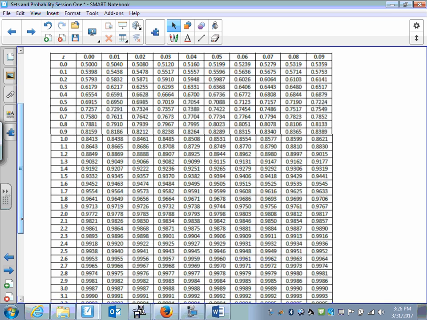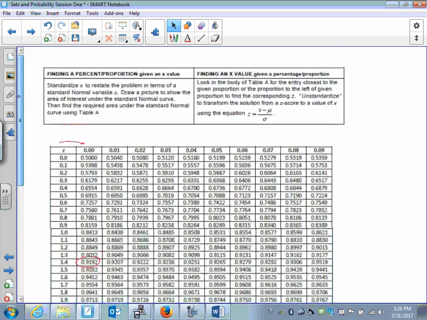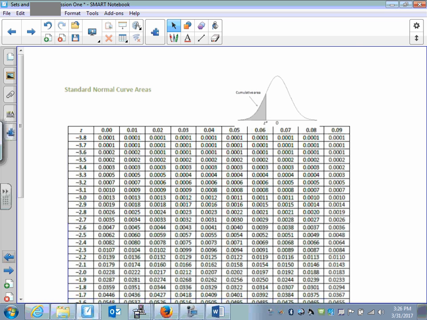So we go down to 1.4, and notice these top numbers that you see up here are actually the next number in after the 0.4. So if we had 1.41, for example, we'd be in the second column. But since we have 1.4, or really 1.40, this is the value from the table for that. Now that's 0.9192.